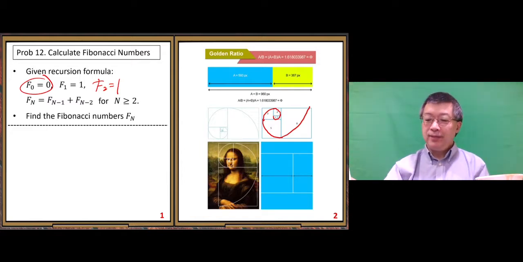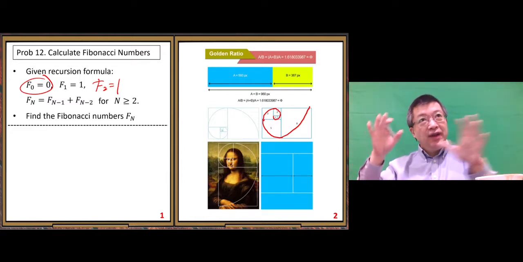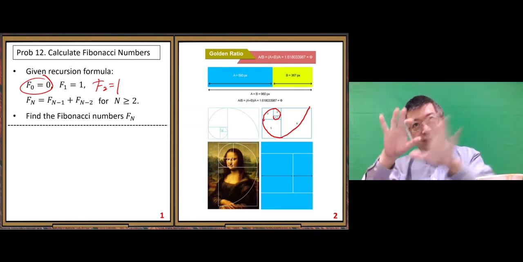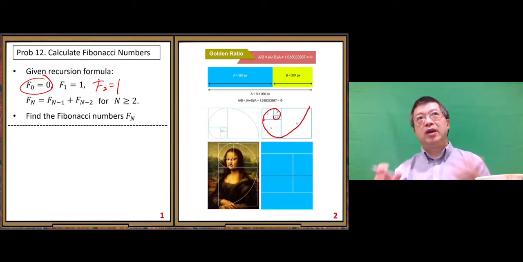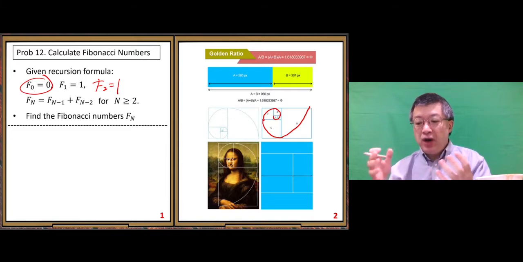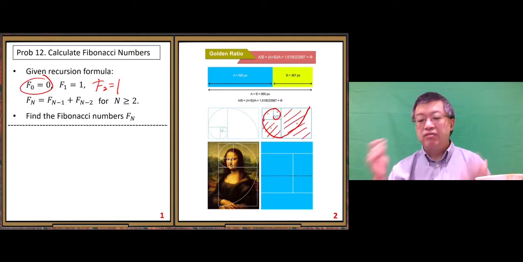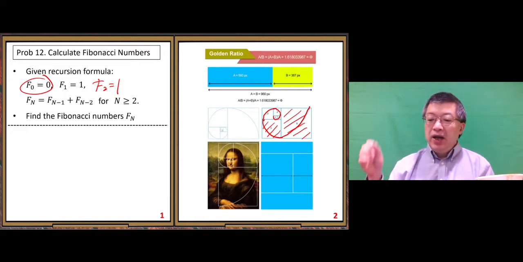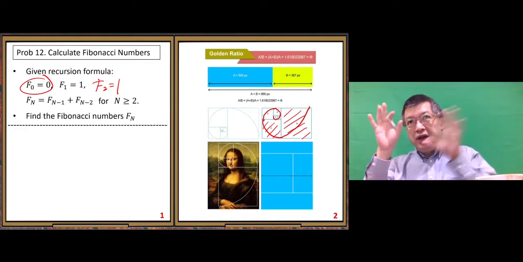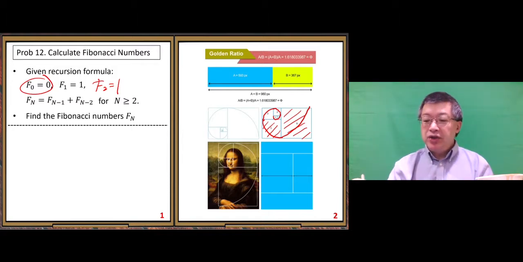All right. And then the relationship. If you consider the ratio between two adjacent square areas, you will see later it approaches a limit, because the ratio is a rational number.